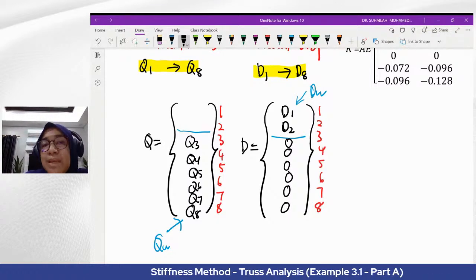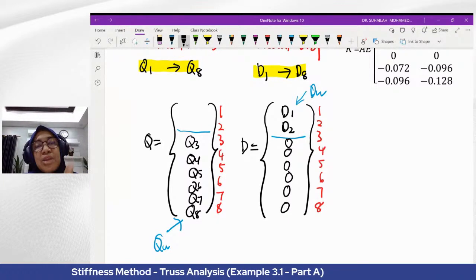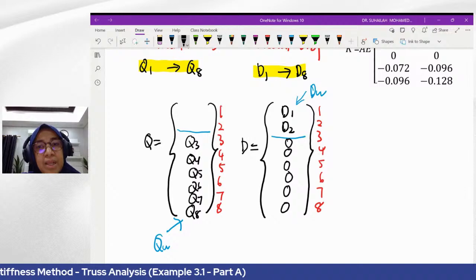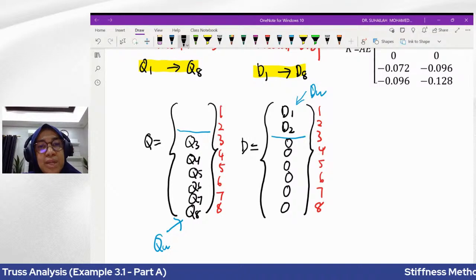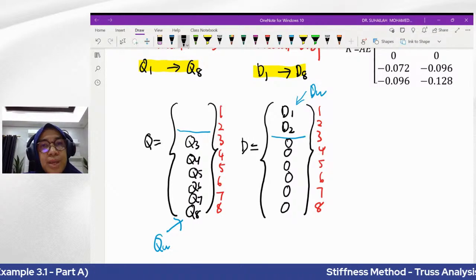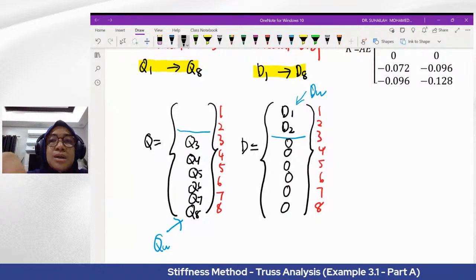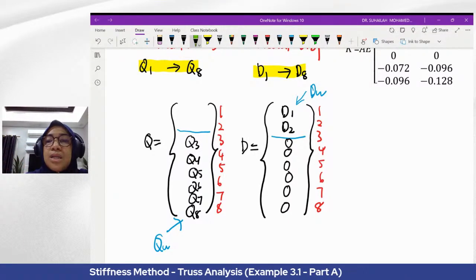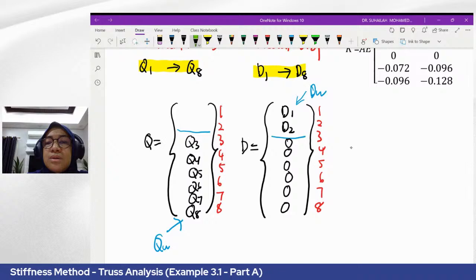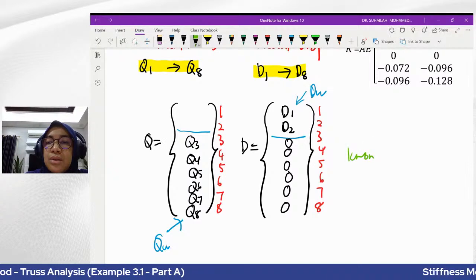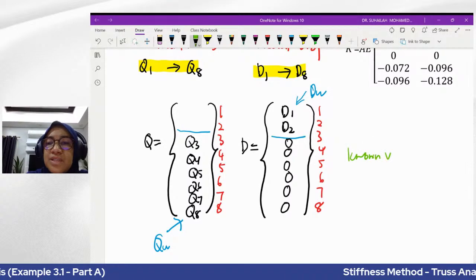Do you get what I mean? Look at Q and D carefully. Q3 until Q8 are unknown, known versus unknown.